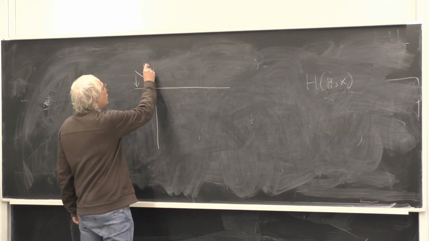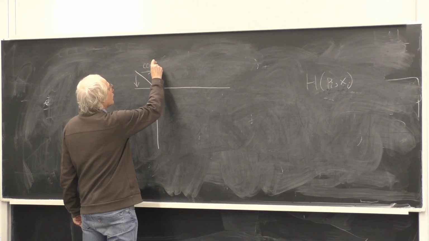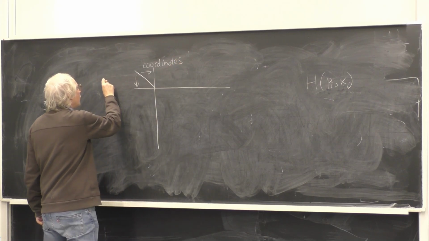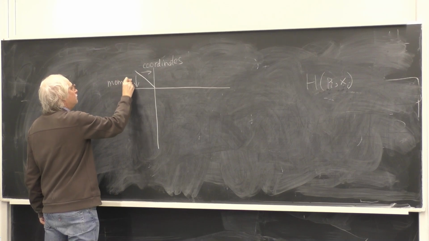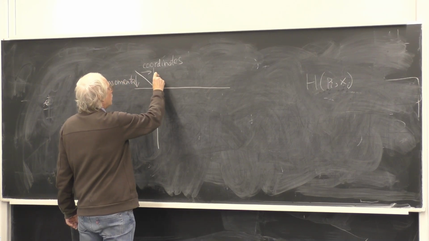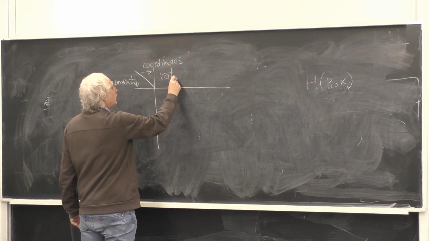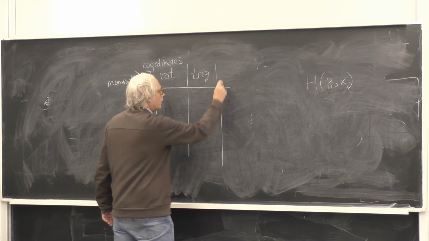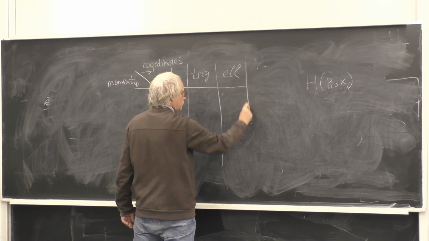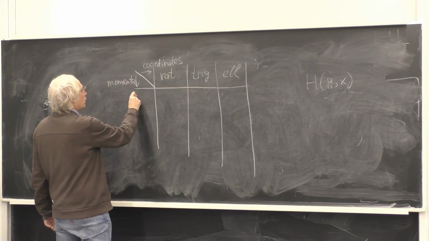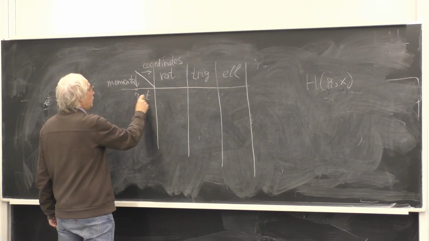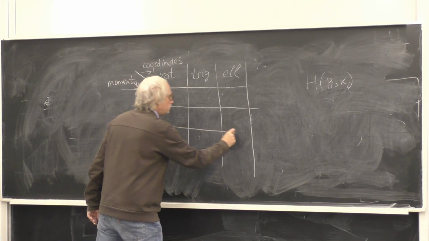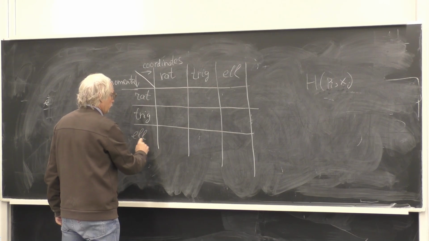So here, in this direction, will be coordinates, and in this direction, momenta. Rational, trigonometric, and elliptic. Here also rational, trigonometric, and elliptic.